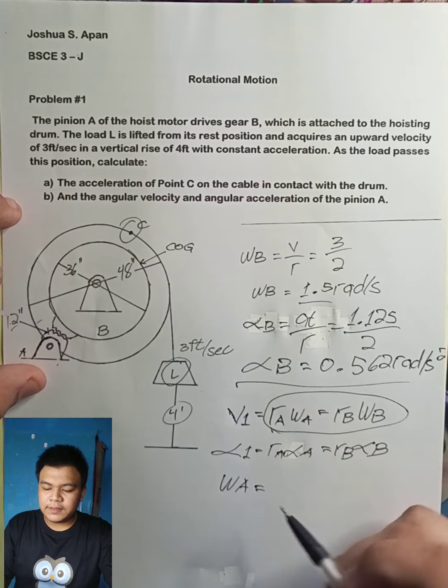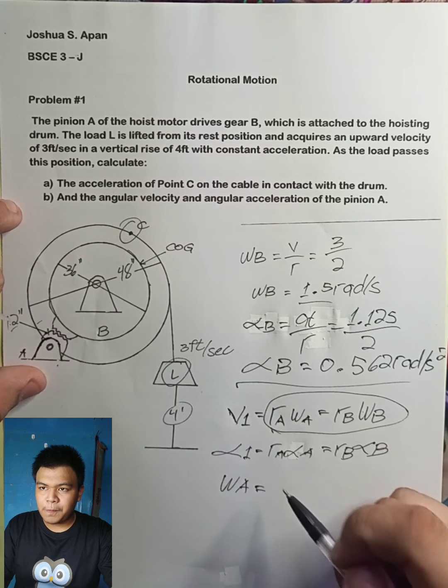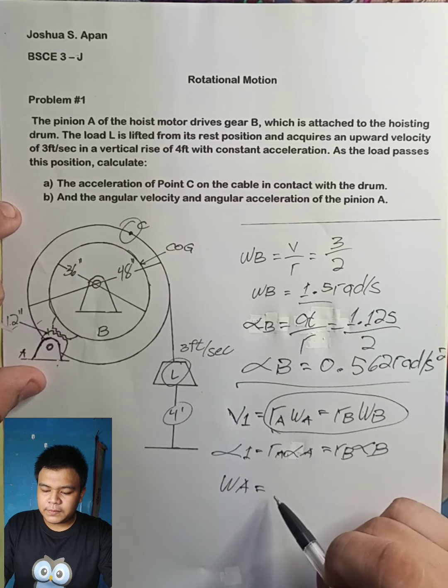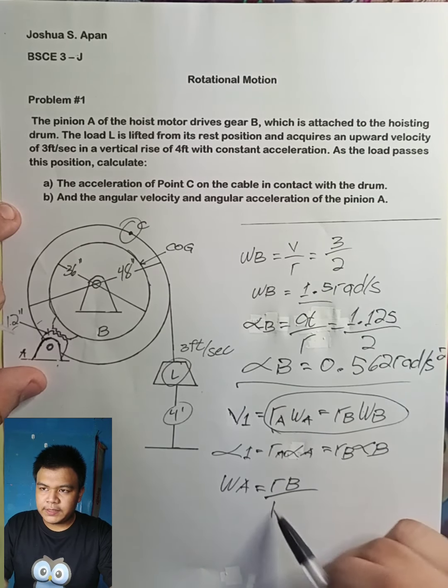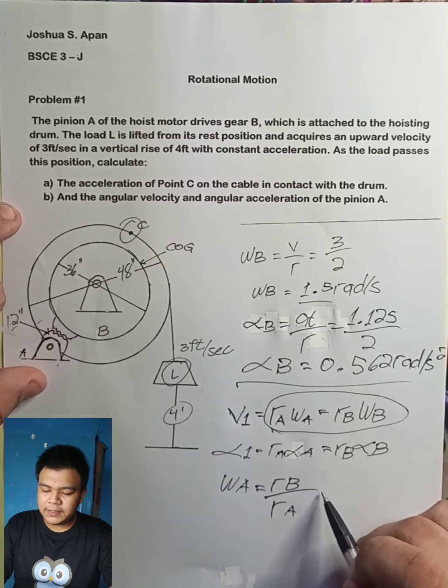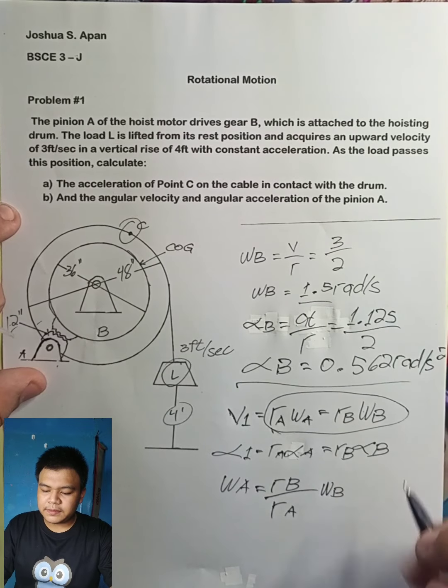Angular velocity A is equal to radius ng B over radius ng A multiply sa angular velocity ng B.